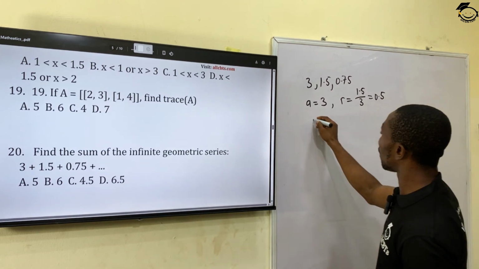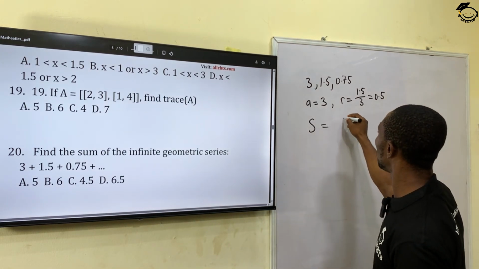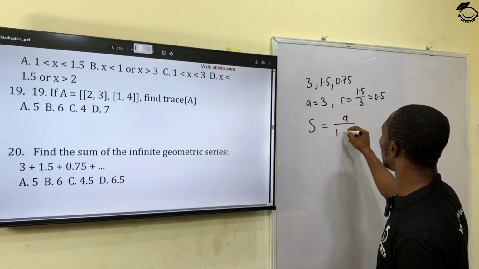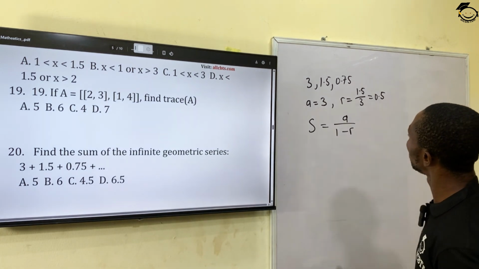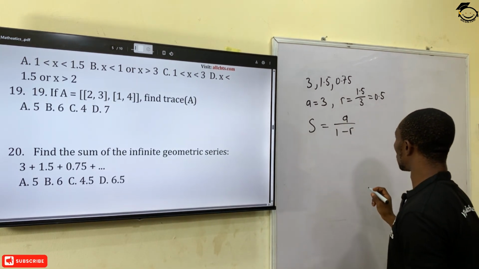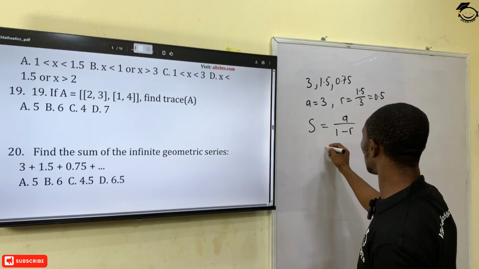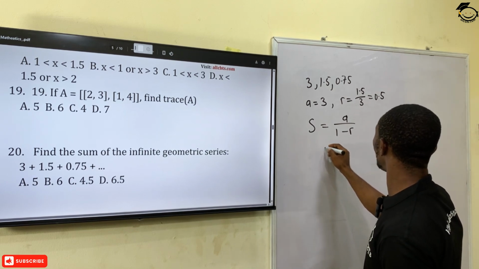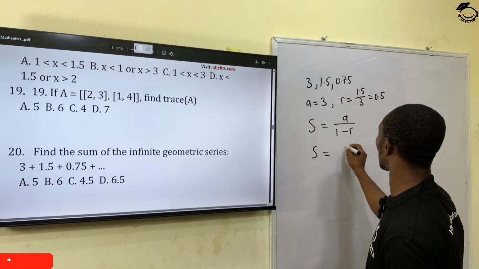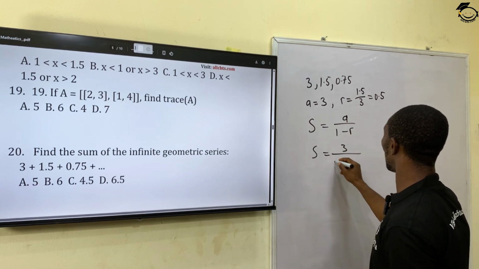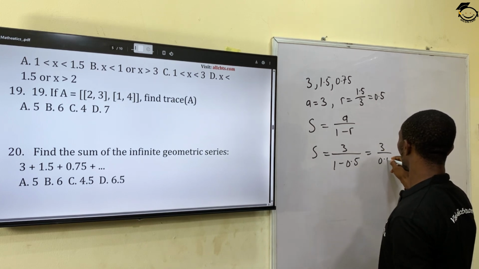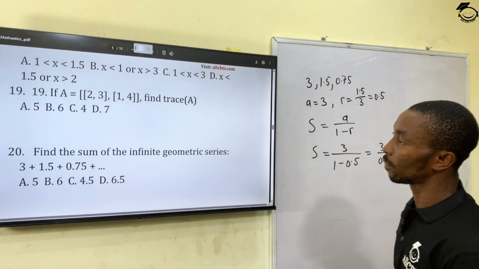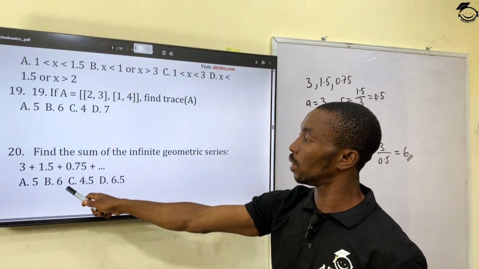Now, our sum of terms will become a over 1 minus r, since our r is less than 1. So our sum of terms will become a, which is 3, all over 1 minus 0.5, which will give us 3 over 0.5, which will give us 6. So the sum of the infinite geometric series will be 6.